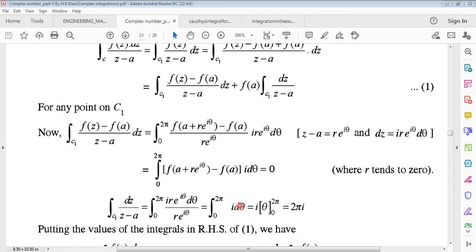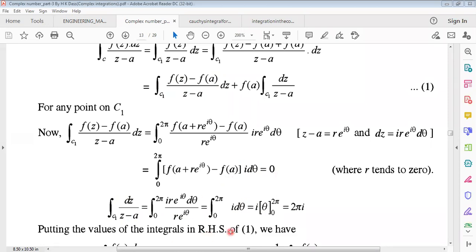Now the integration of dθ with respect to θ will be only θ. Okay, one integration will be x. So θ, putting the upper limit 2π and lower limit 0, we get only 2πi. So this term equals only 2πi, and this term equals 0.